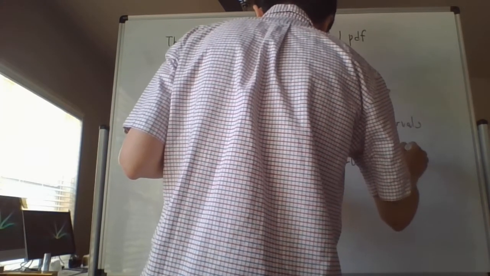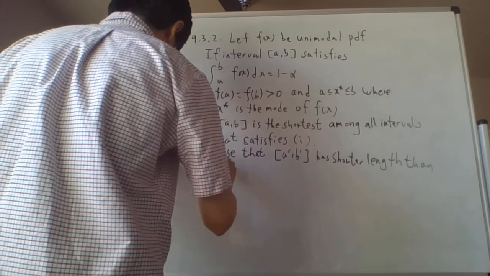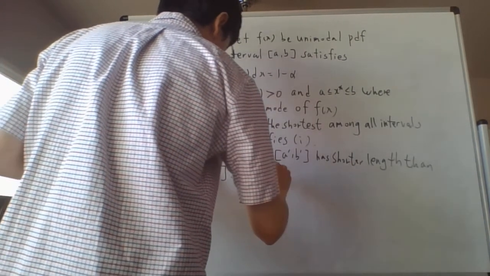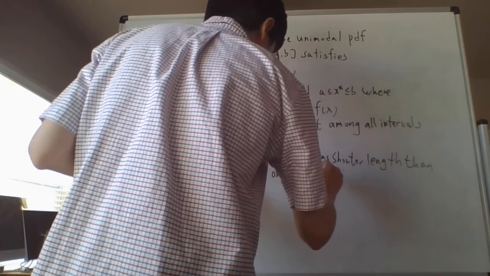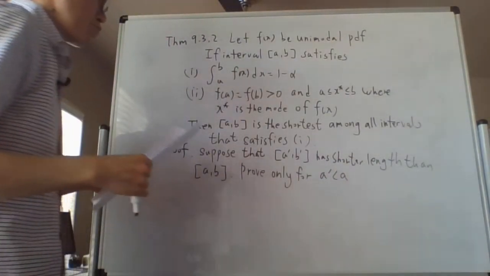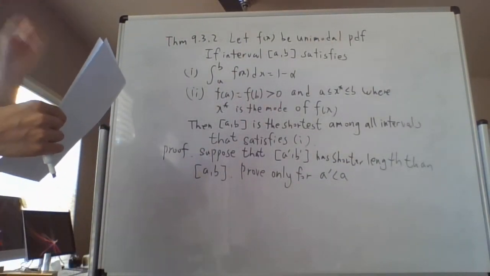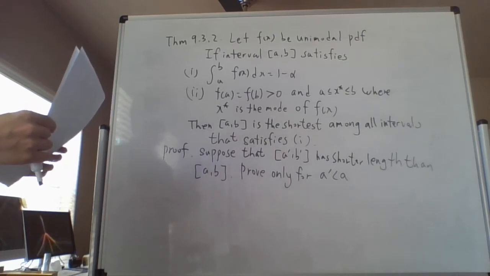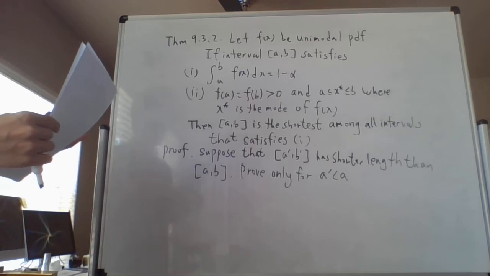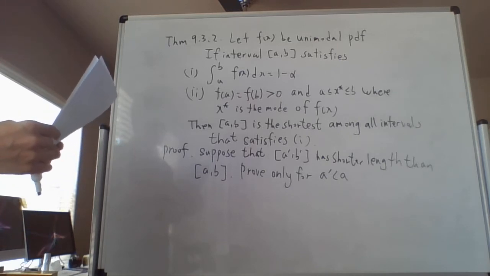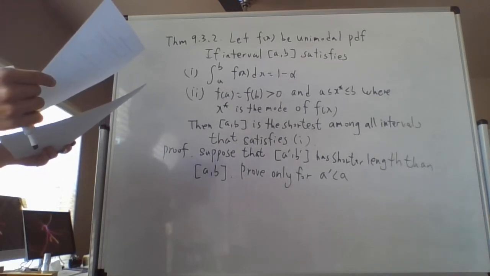We only have to prove it for A prime less than A, because the proof for A prime greater than A is going to be similar.